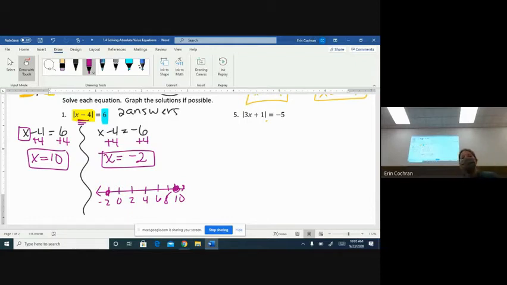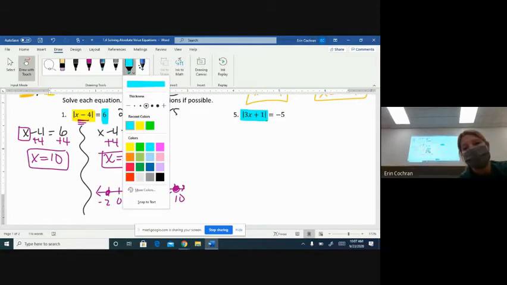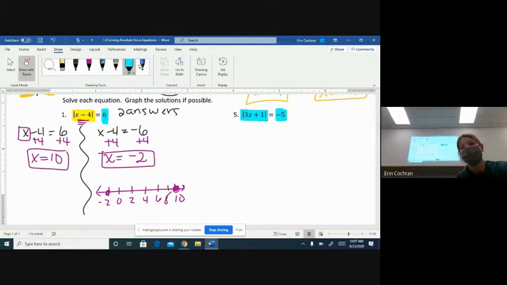Okay. Is my absolute value isolated? Is that the only thing on the left-hand side? Yes. Then we look at the answer, which is -5. Okay. How many numbers are -5 units away from 0? 0.